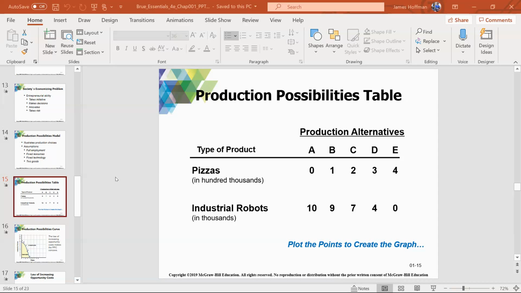Okay, so here's an example, and we'll look at this a few more times. The basic idea is the country can produce different production points of two goods. If the economy of the country is only producing pizza and industrial robots, it can possibly produce different combinations of each.